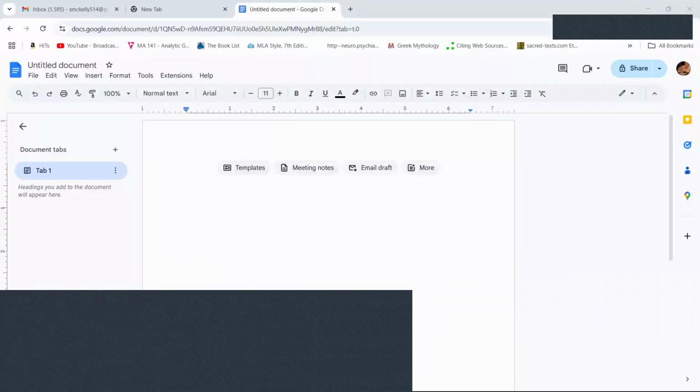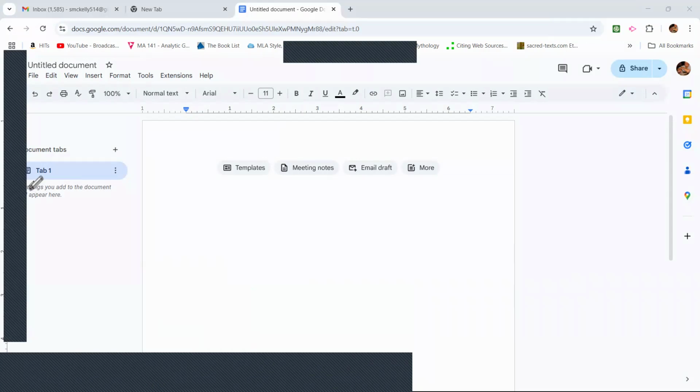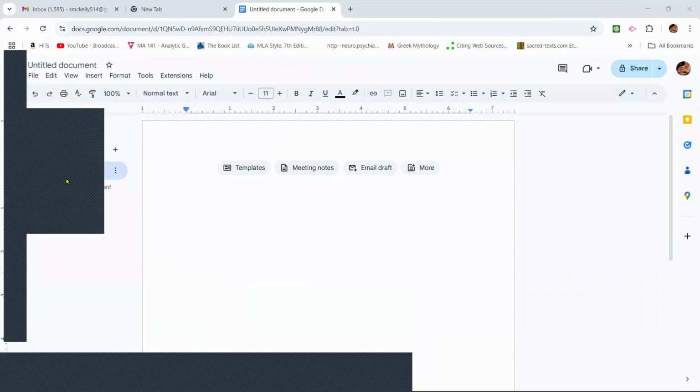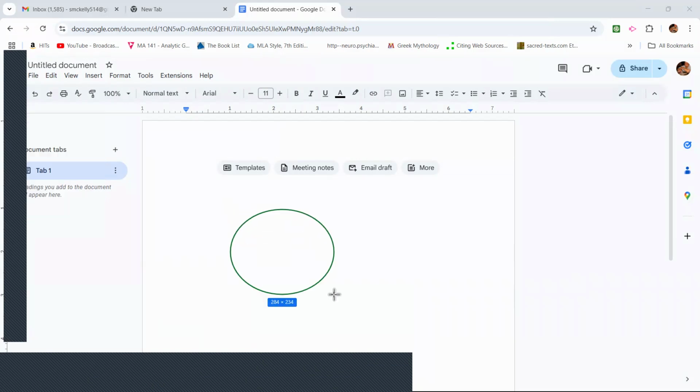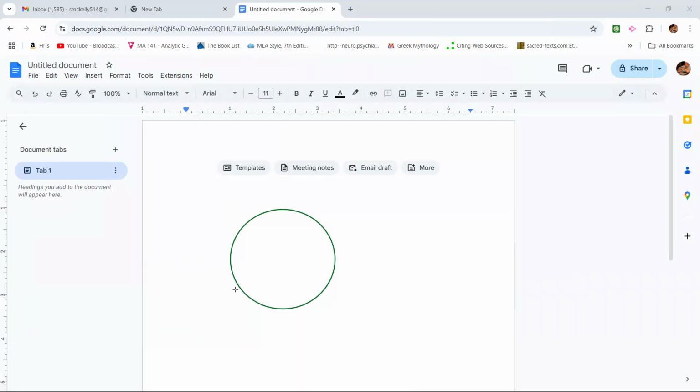Okay, so here is my circle, and inside I have another circle in here, like that.